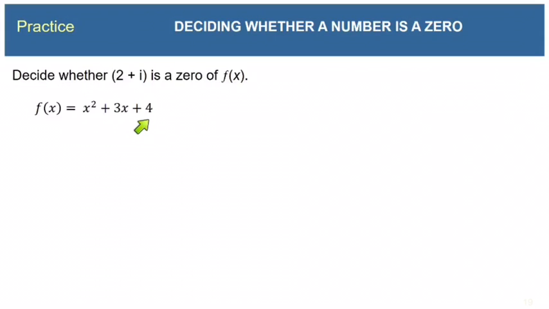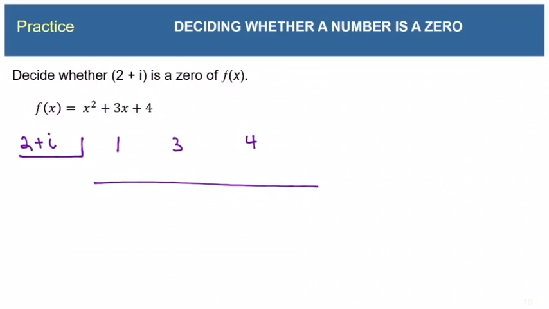Okay, let's try to see if 2 plus i is a 0 of this function. Now this is just a little one, so this won't be too bad. We'll put our coefficients down, and then we'll put 2 plus i in the box, and now we'll pull down the 1, multiply 2 plus i times 1, you get 2 plus i, we'll put that here. Now add, 3 plus 2 is 5, and now multiply 2 plus i times 5 plus i. You can't do that in your head, so write it down.